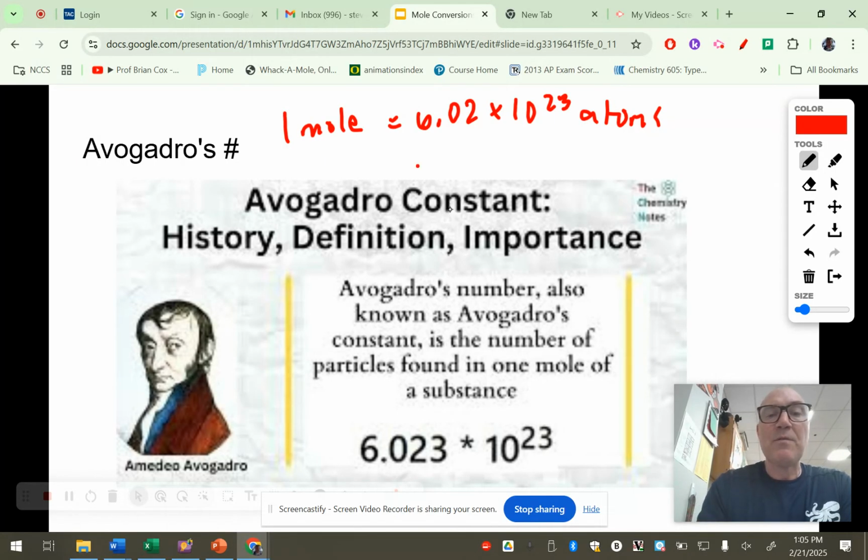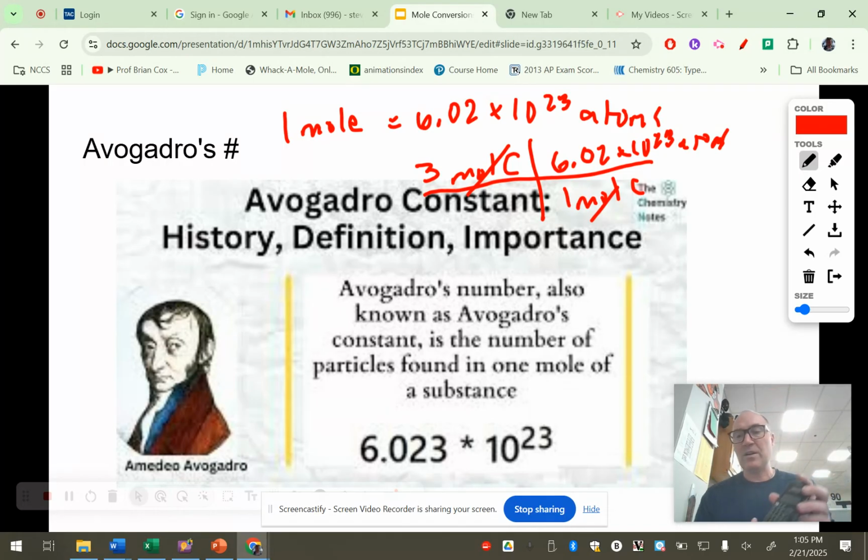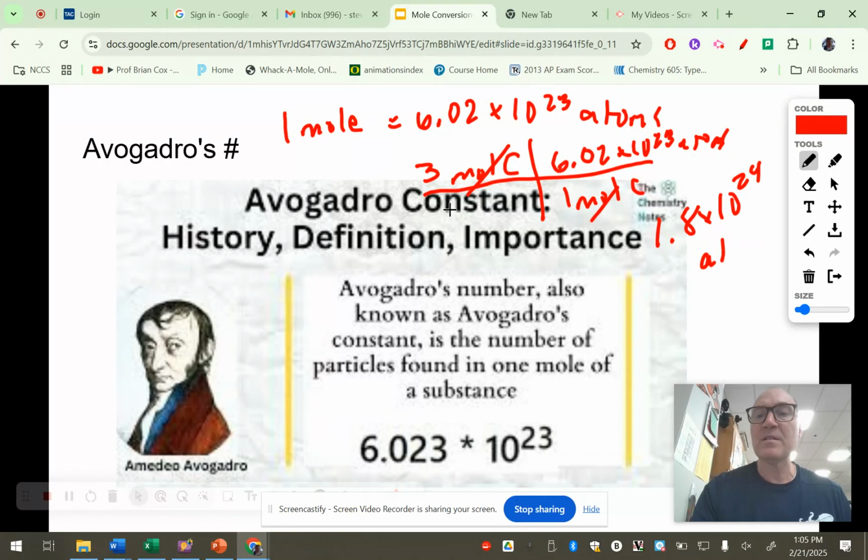So, for example, if you have 3 moles of carbon and you want to know how many atoms of carbon you have, we would do something called dimensional analysis. We would put 1 mole on the bottom, and we always want to make sure the units line up, and then 6.02 times 10 to the 23rd goes on top. Then you just type it into your calculator: 3 times 6.02 times 10 to the 23rd, and you would get 1.8 times 10 to the 24th atoms.